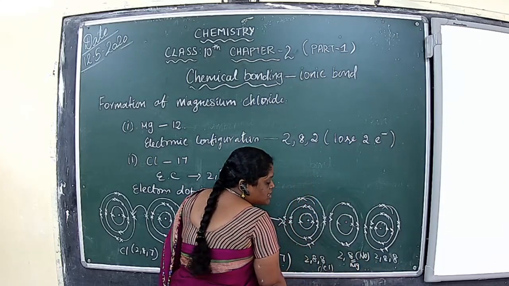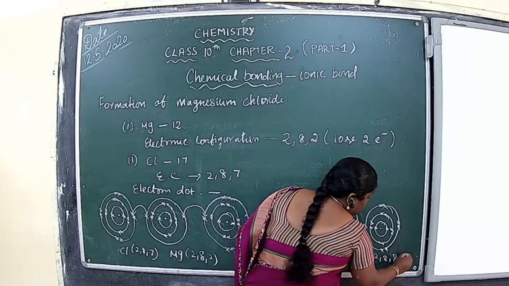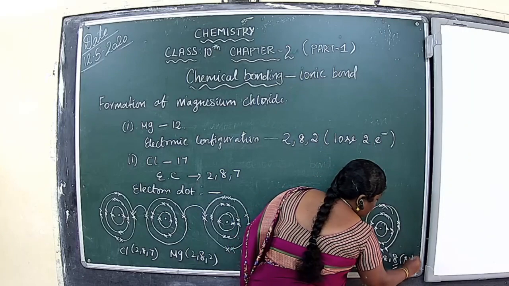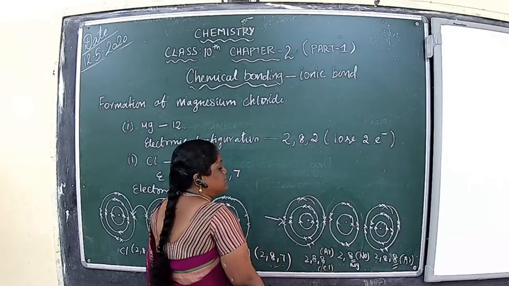Octet means stable electronic configuration. For chlorine, the nearest noble gas is argon. Understood?